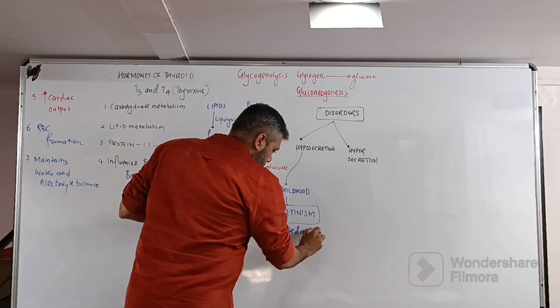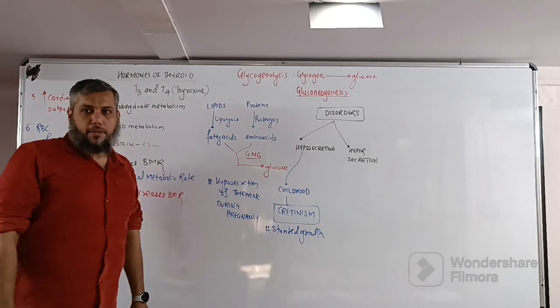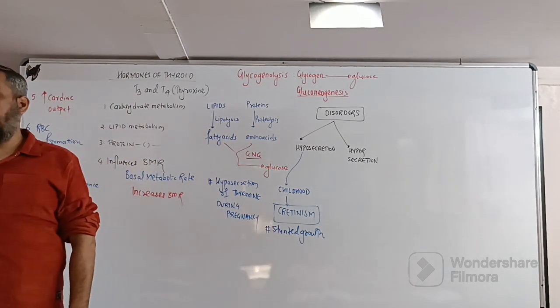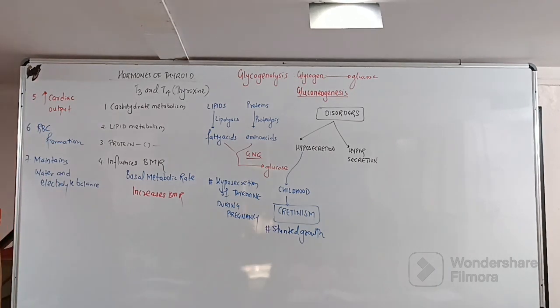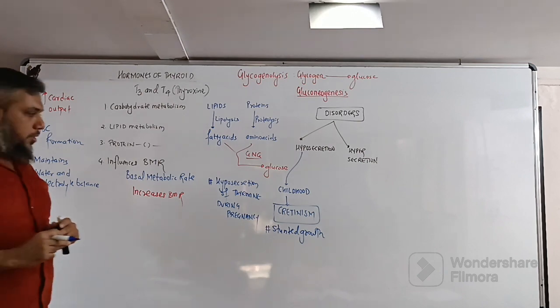So cretinism, one of the symptoms shown by the child is what? Stunted growth. Okay. Then there will be mental retardation, low IQ, abnormal skin.